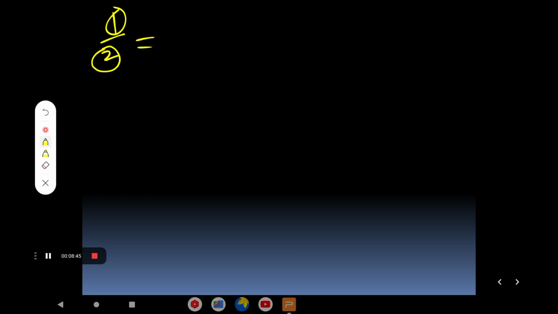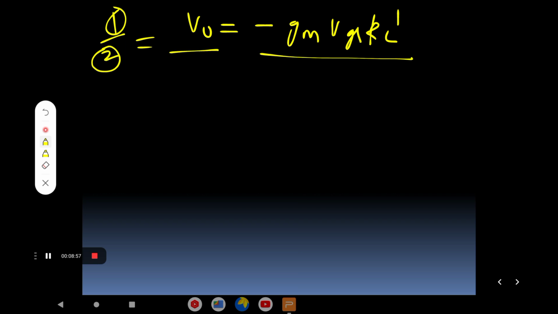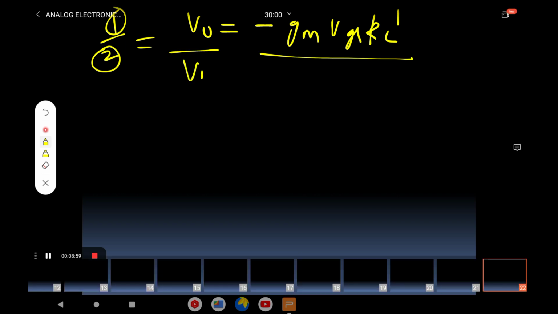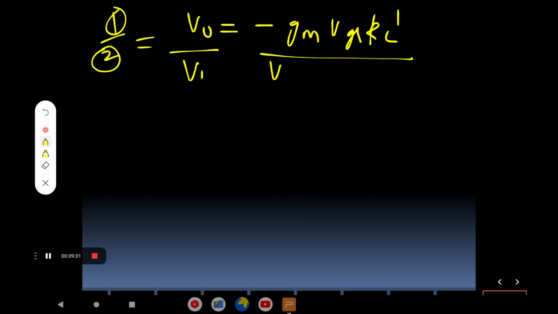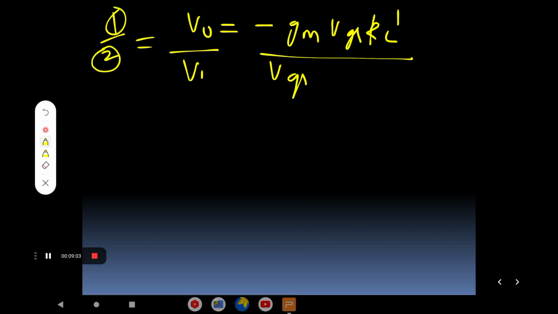What is the first equation? The output equation V0 is equal to minus GM into VGS into RL dash, divided by the input voltage VI, which is equal to VGS into 1 plus GM into RS.